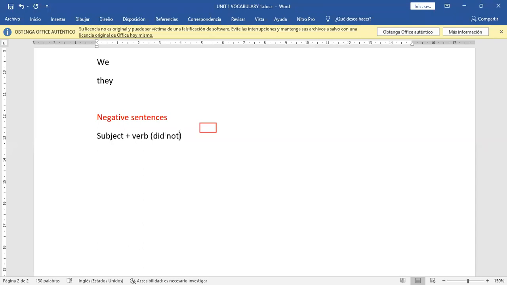You are going to use the auxiliary did not, then the verb, and then the object. Okay? How do you say "ella no hizo su tarea ayer" in English? She didn't homework yesterday.